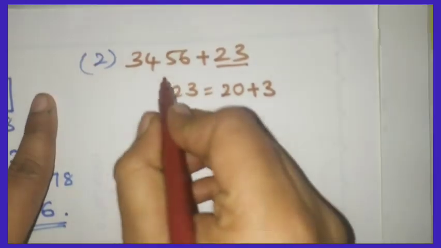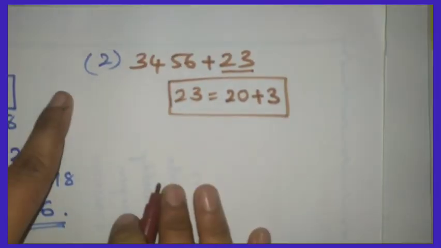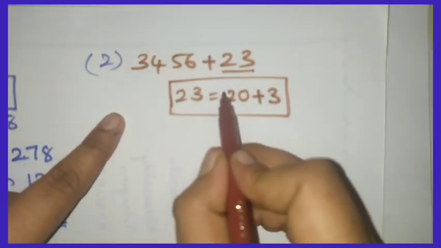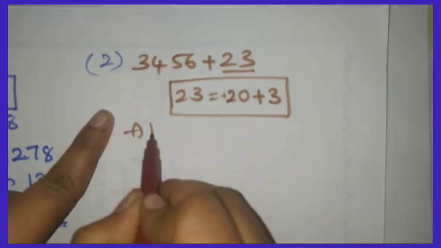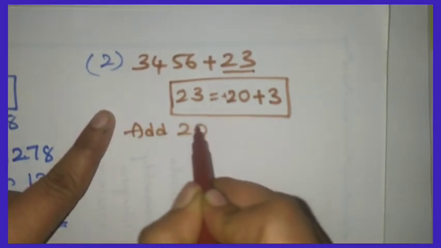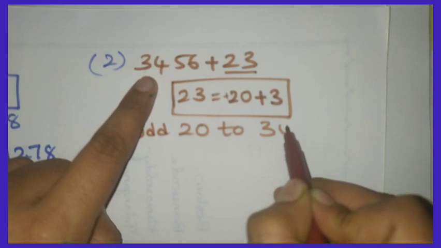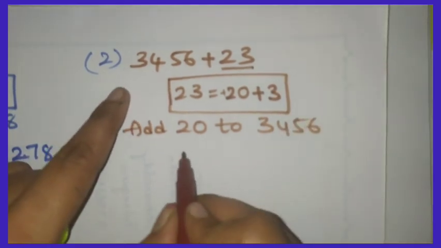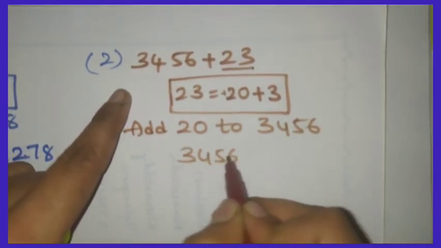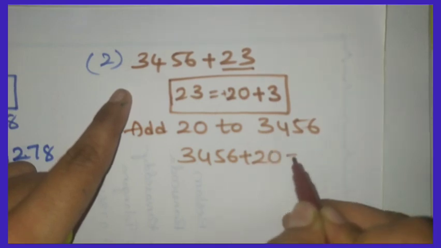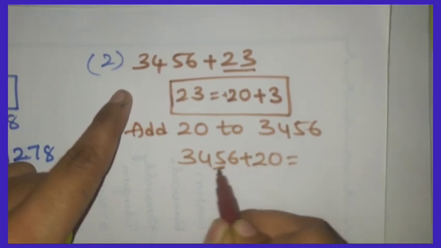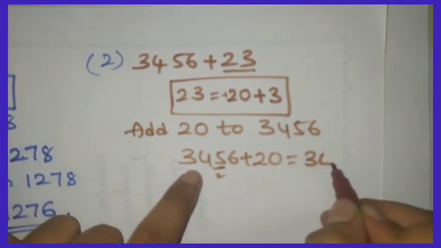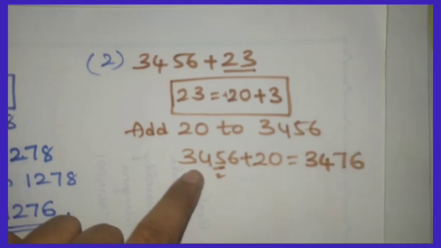Now this is the main important part. First, nothing is there, which means addition, so add 20 to 3456. For the tens place we have to add 2, so we'll get 3476.